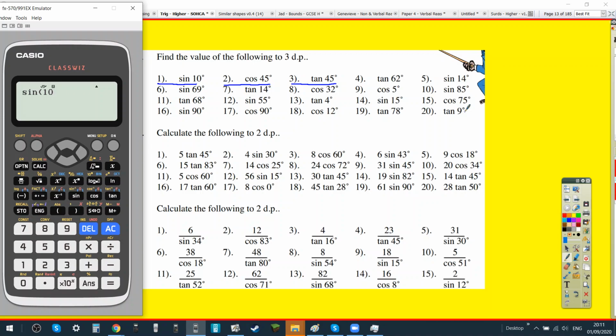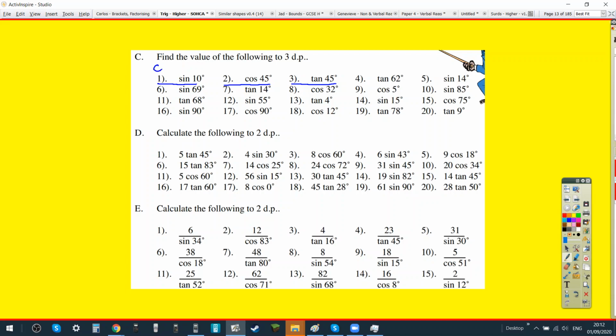Okay, yeah, I've got it. And what is it to 3 decimal places? 0.173. Let me see. I think it rounds to 0.174. Oh yeah. So that's 0.174.